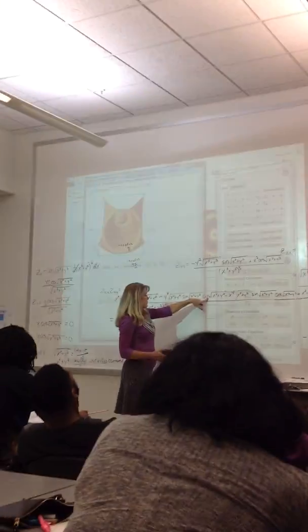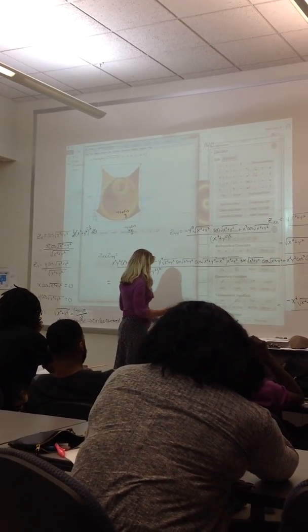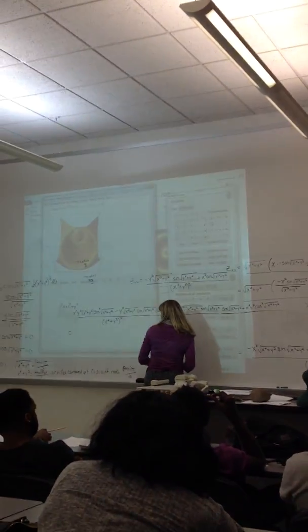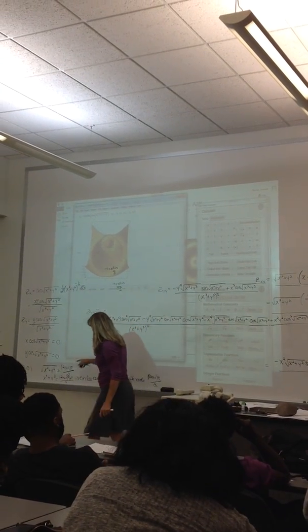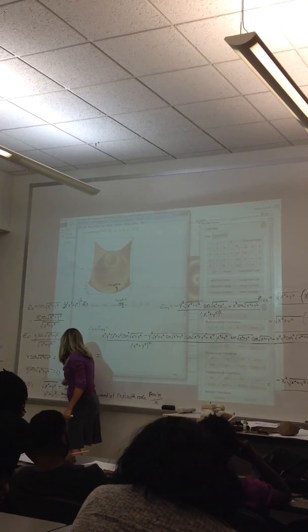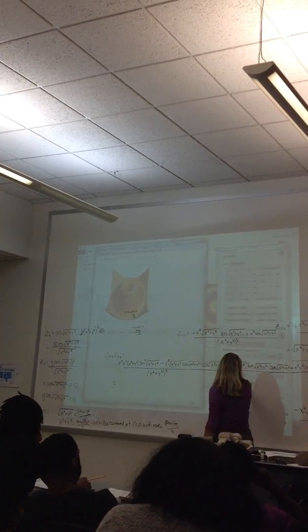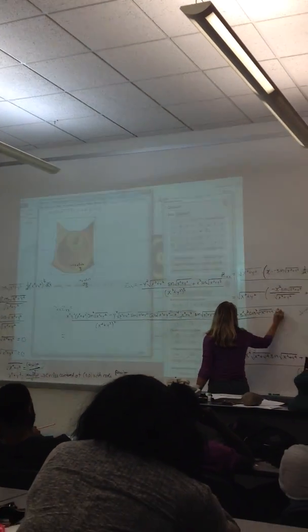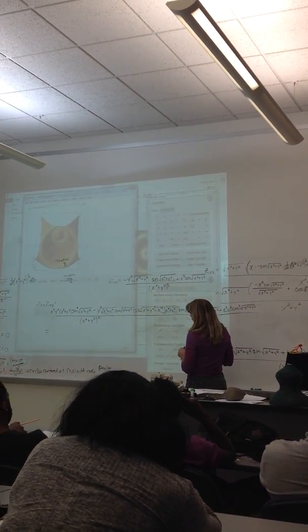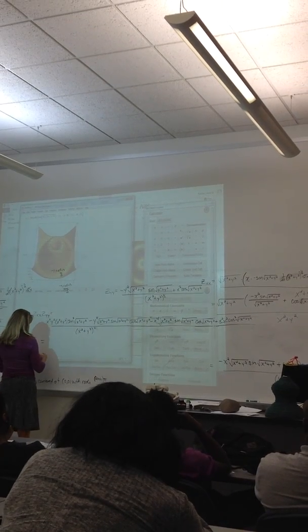But what is true about cosine of any odd multiple of pi over 2? 0. It's going to be 0. So at points where this is equal to an odd multiple of pi over 2, this term ends up being 0, this term ends up being 0, that term ends up being 0. And then I'm left with this, okay?